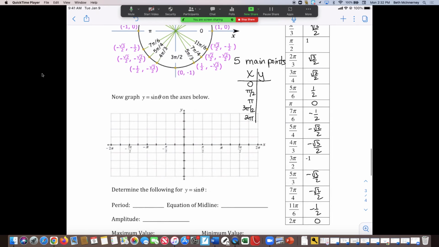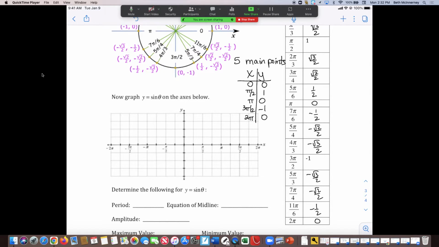You either use the big table or you can use your quadrantal values on your unit circle. So we know those already. The sine of 0 is 0, the sine of pi over 2 is 1, the sine of pi is 0, the sine of 3 pi over 2 is negative 1, and the sine of 2 pi is 0. You either get that off of your circle or they're right here in our table.